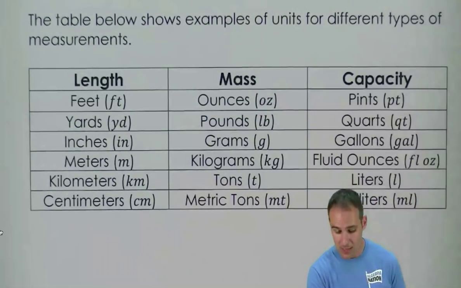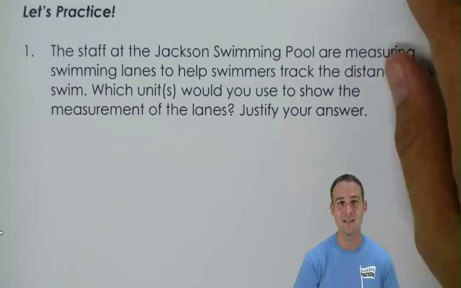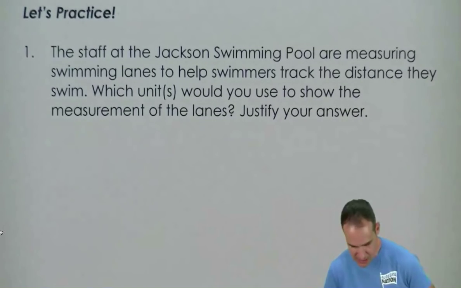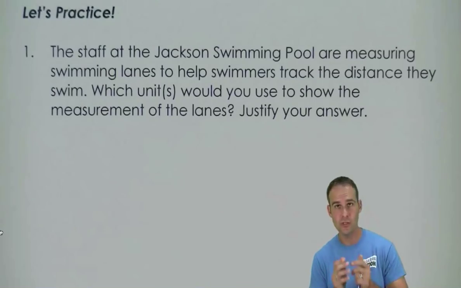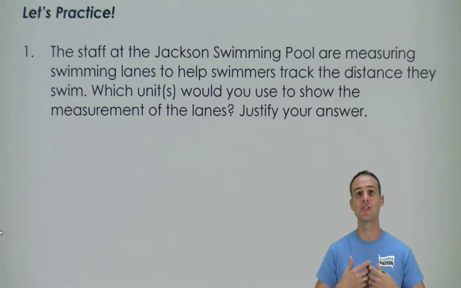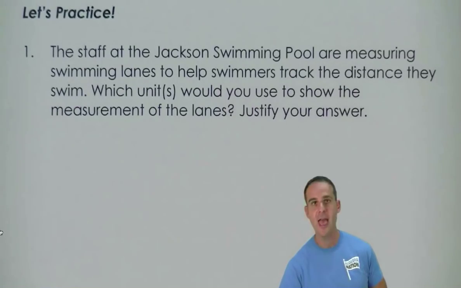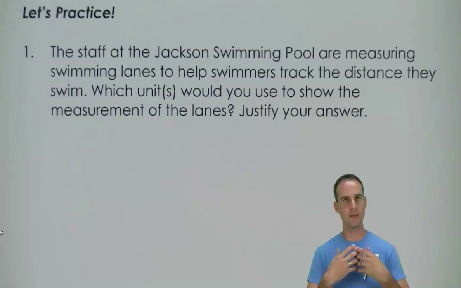Let's practice. The staff at Jackson Swimming Pool are measuring swimming lanes to help swimmers track the distance they swim. Which units would you use to show the measurement of the lanes? Justify your answer. So here we're thinking of length, and you have to think for a second what is usually used for length for swimming.